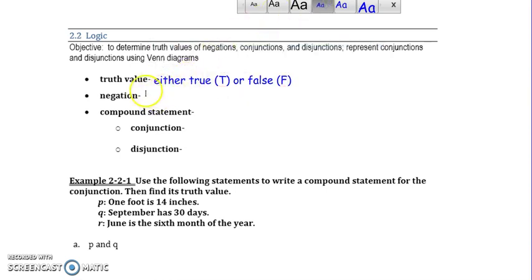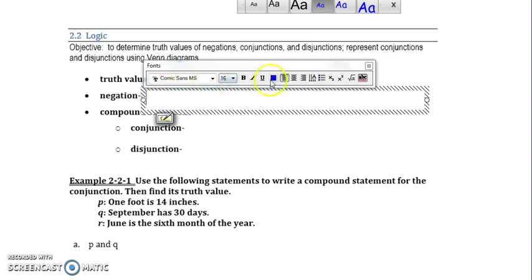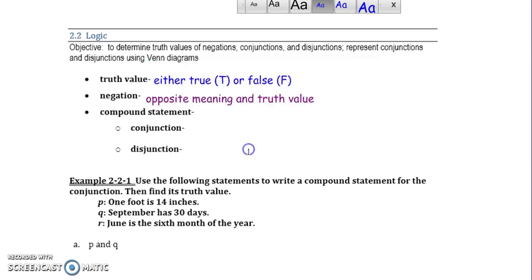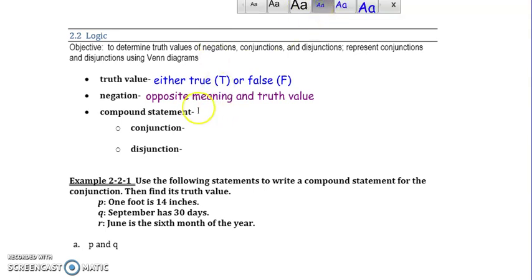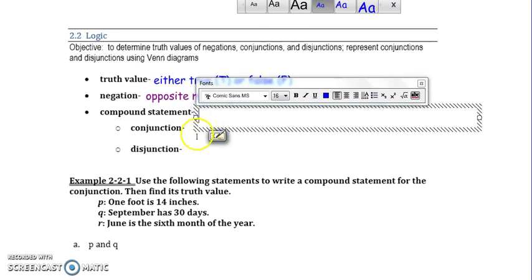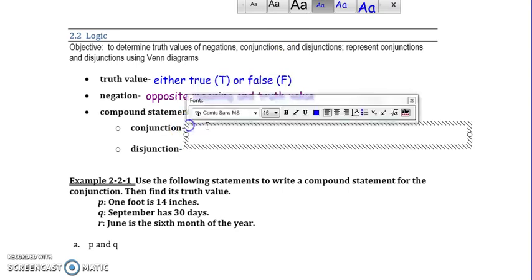So a negation, when we negate something, we are talking about the opposite meaning and truth value. A compound statement is going to be for a conjunction.